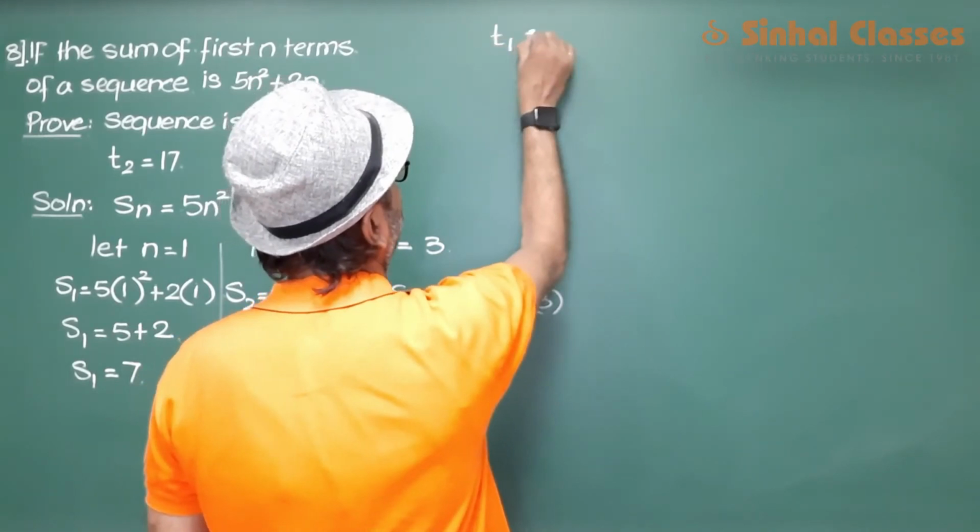In the given AP, 1 plus 4 plus 7 plus 10 plus x is equal to 287.